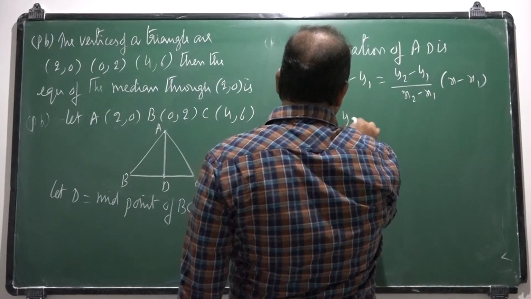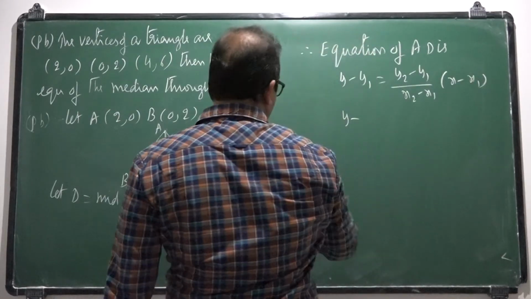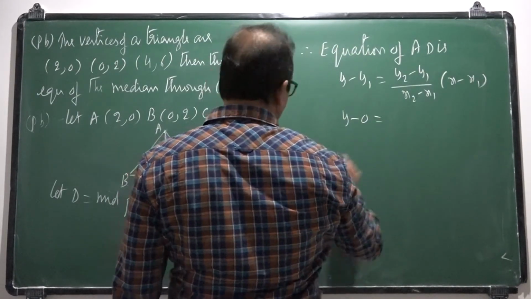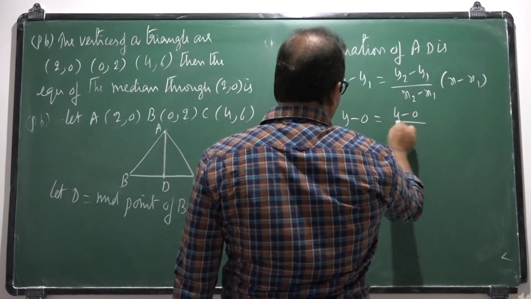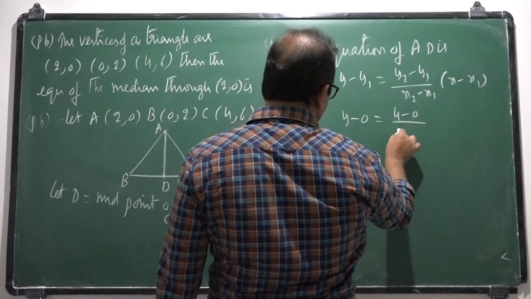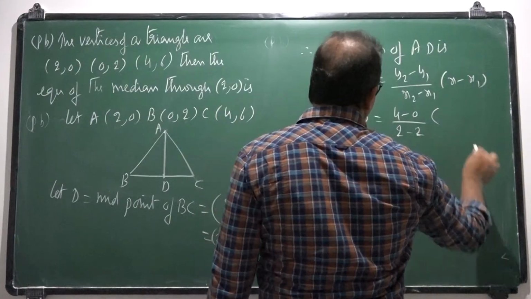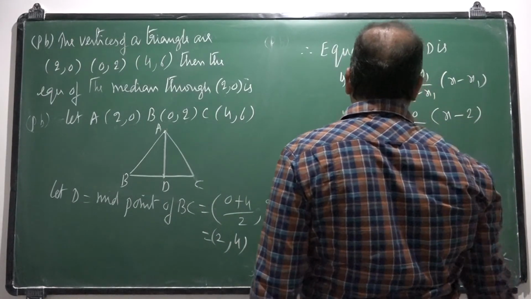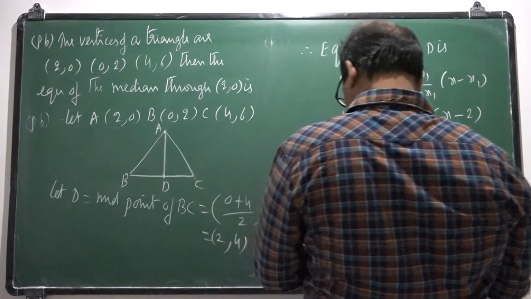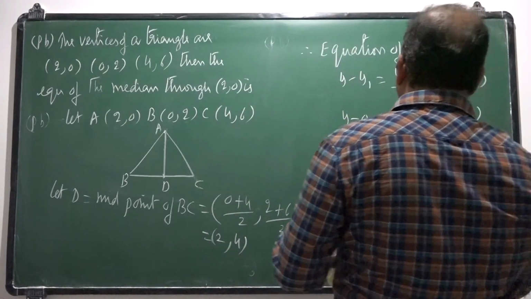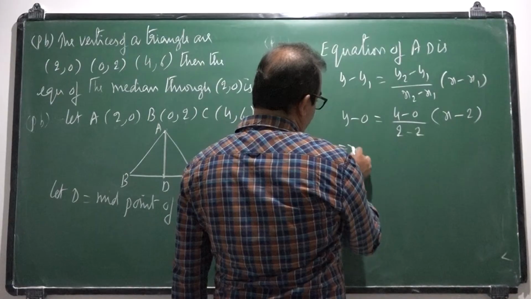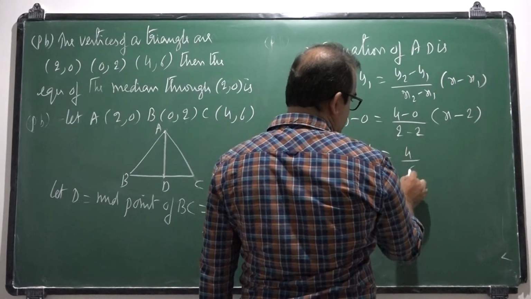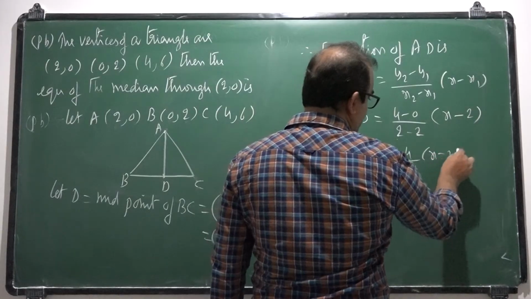Y minus y1, y1 is 0, y2 minus y1, 4 minus 0, by 2 minus 2, into x minus x1, x minus 2. Y minus 0, y is equal to 4 by 2 minus 2, that is 0, into x minus 2.